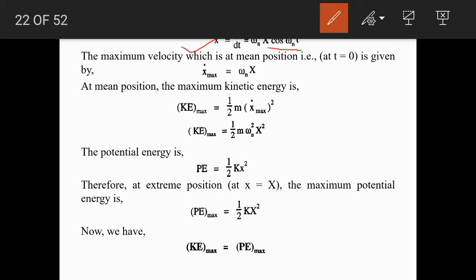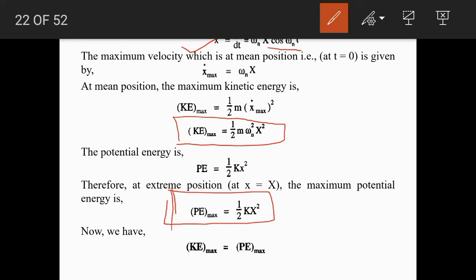By substituting the value of maximum velocity in the equation of kinetic energy, we get the maximum kinetic energy as 1/2 m omega n square into X square, while potential energy would be equal to 1/2 k into X square.